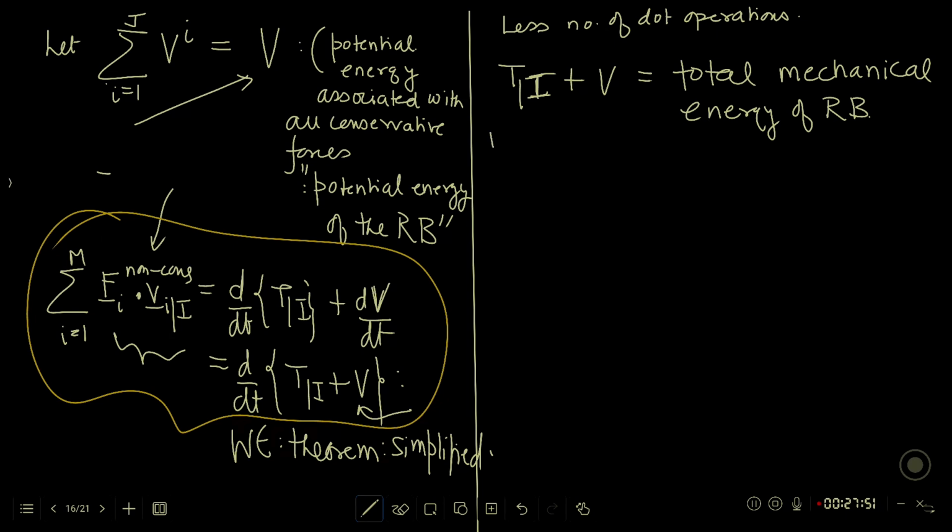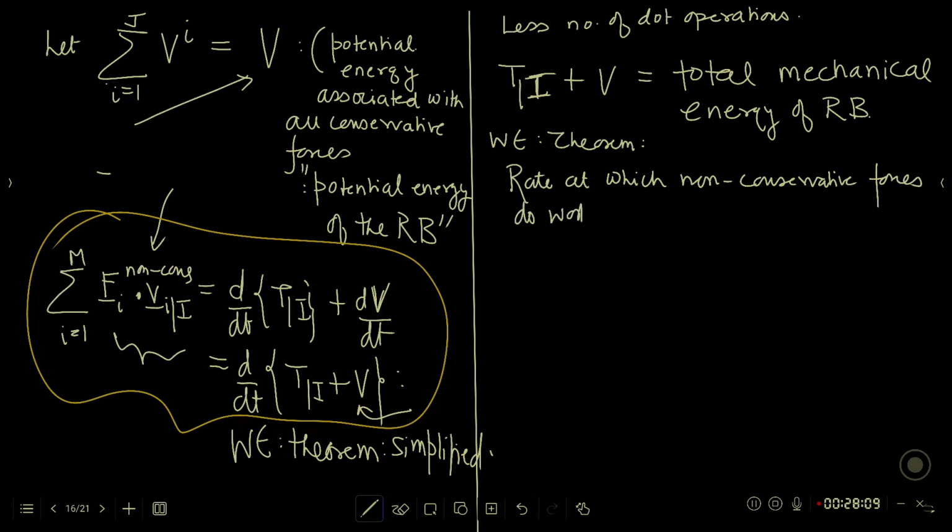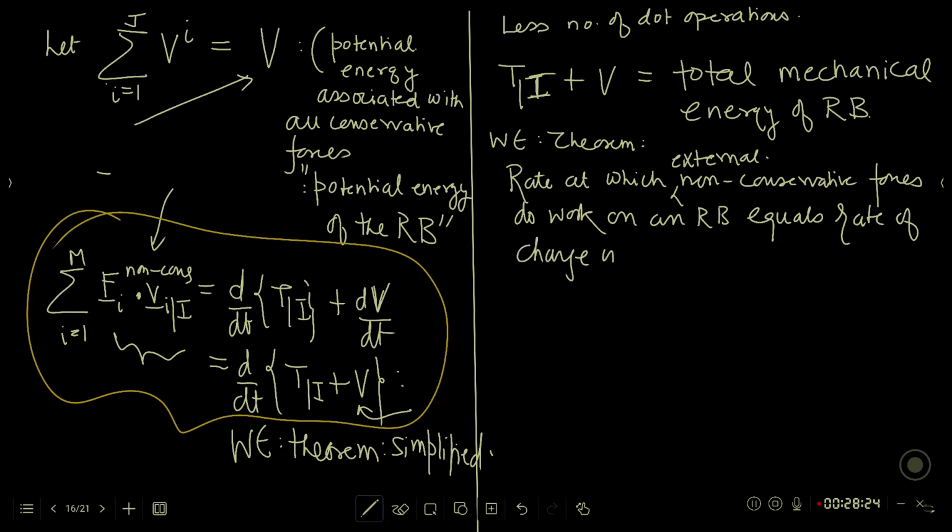So the work energy theorem is telling us: the rate at which external non-conservative forces do work on an RB equals the rate of change in total mechanical energy of the system.